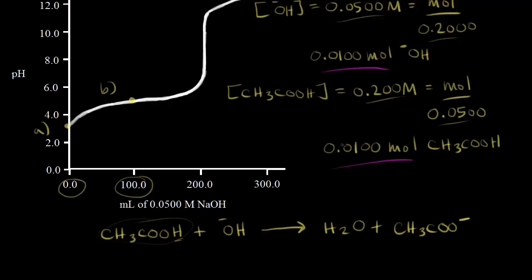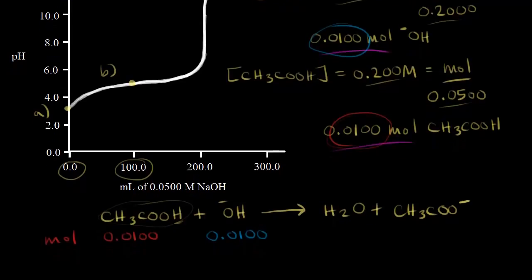So let's color coordinate here. We're starting with 0.01 moles. Over here we'll put moles. So 0.01 moles of acetic acid, and that's the same number of moles of base, 0.01. Notice our mole ratio is 1 to 1. So all of the base is going to react.